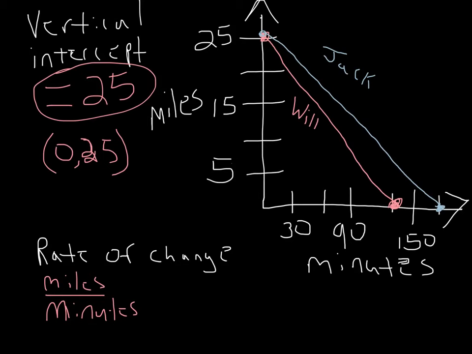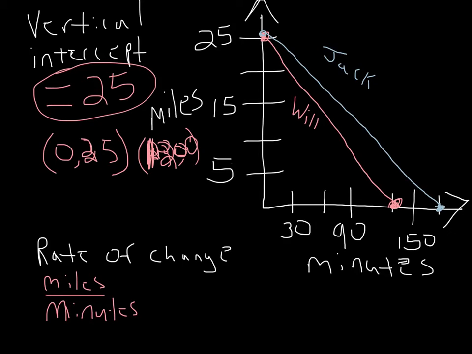Will's second point would be over here at the bottom, at 120. Well, 120, and he did not go up on the y-axis, so it would be (120, 0). That looks a little rough, but what it says is (120, 0).